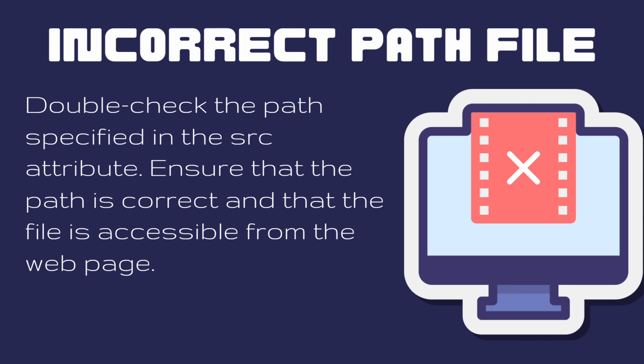So I've already told you guys that when your video is in a different folder, after img src, you're going to add slash, then the name of the folder, then slash again, the video file name, then its correct file format at the end. So we must always double check when we're putting the file path.